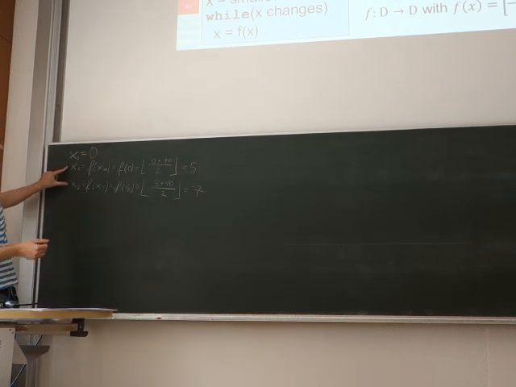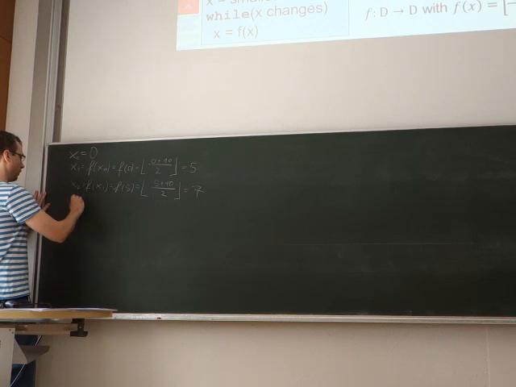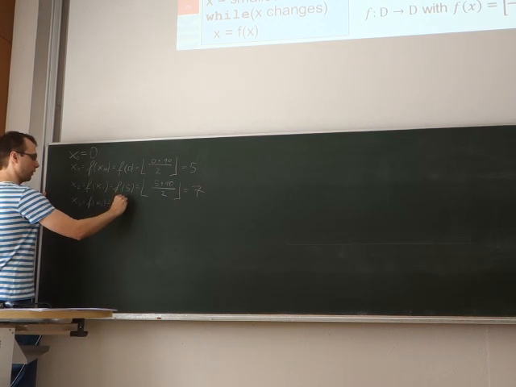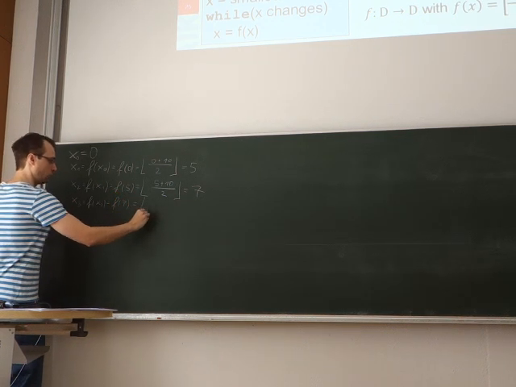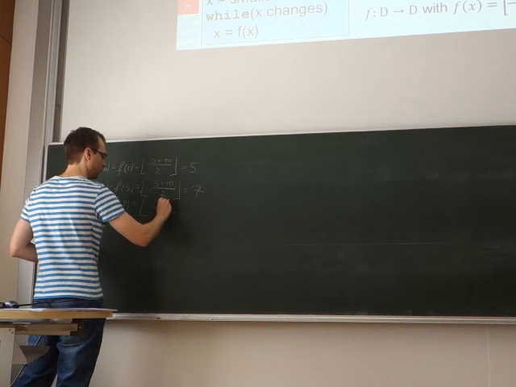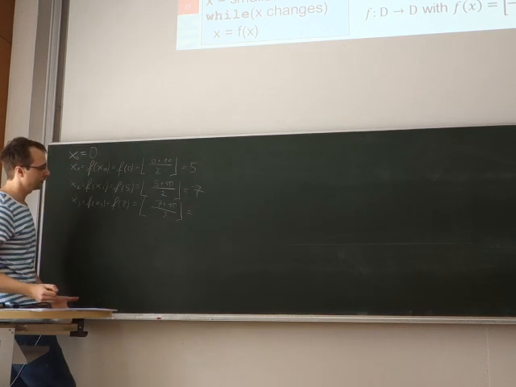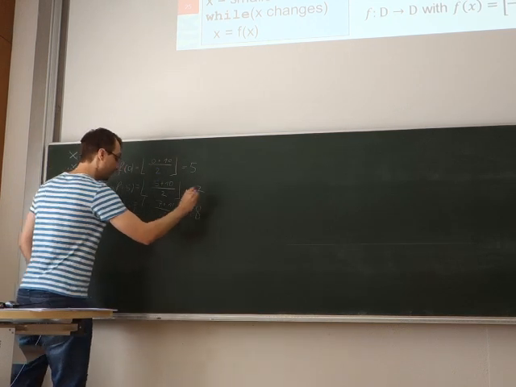Again, we check whether x changed from the previous iteration to the current iteration. Yes, it changed from 5 to 7, so we continue with yet another iteration where we again apply f now to 7, which makes (7 plus 10) divided by 2, which is 17 divided by 2, only 8.